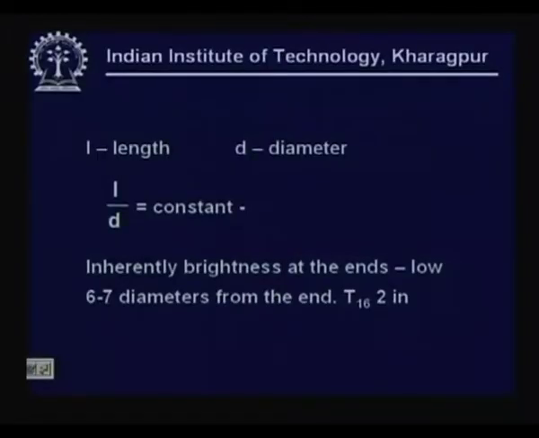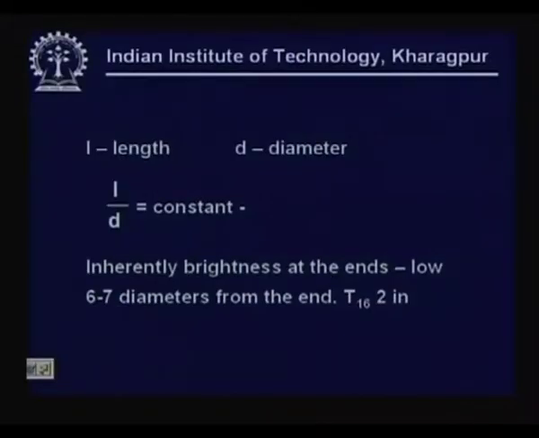Okay. Now, coming to the specification, how do we go about it? I said T sub n is a common way of specifying, and we are coming across in the market these days what are called T5. We did mention a little while ago that the voltage decreases as diameter increases.